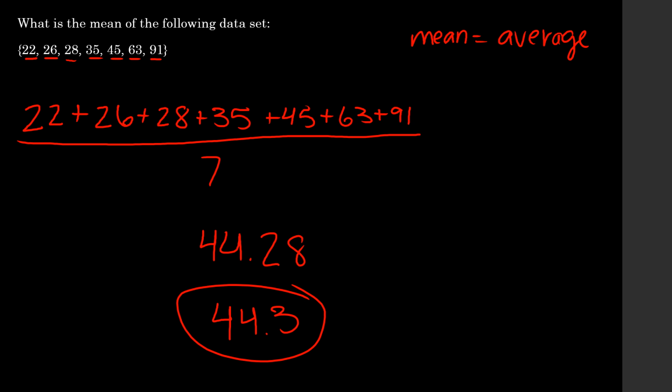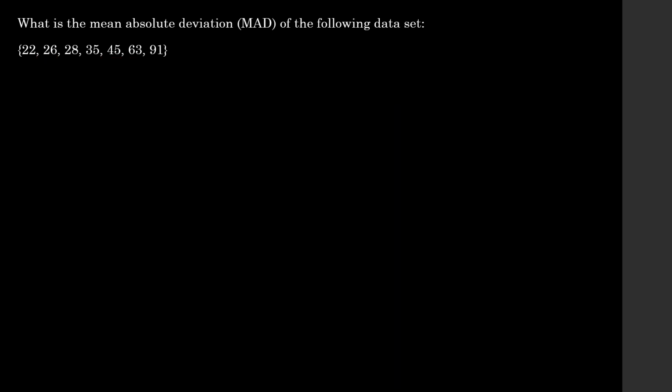Now, what this lesson is about, it's about finding mean absolute deviation, or we abbreviate it as MAD. So mean absolute deviation is essentially an average of an average.